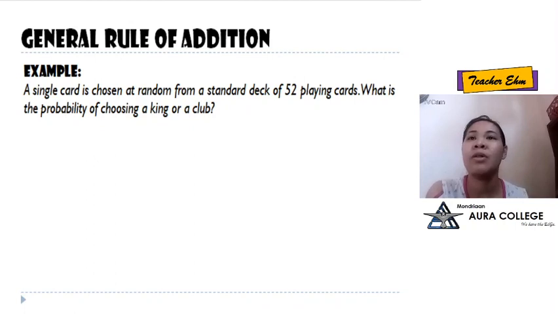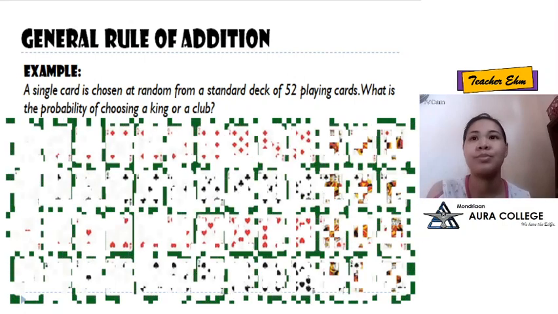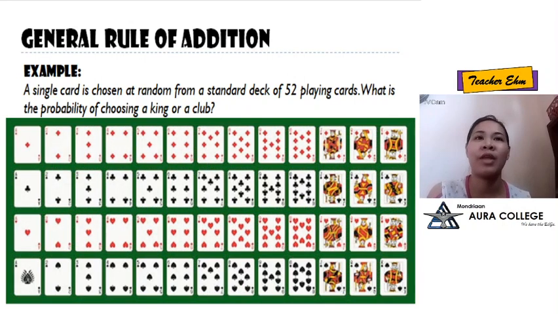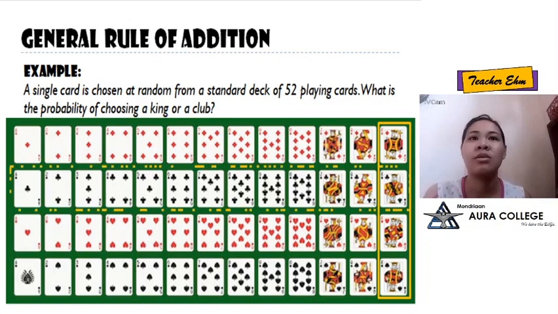Example: a single card is chosen at random from a standard deck of 52 playing cards. What is the probability of choosing a king or a club? Meron tayong 52 playing cards. Ang hinahanap natin ay yung probability of choosing a king. Meron tayong 4 na king. At saan naman yung mga clubs?